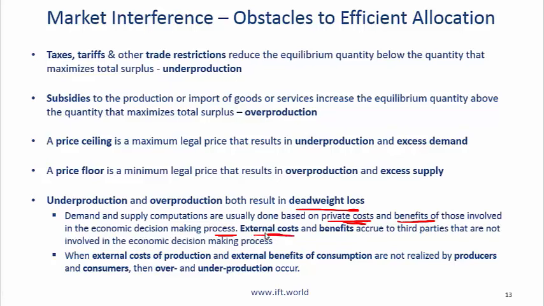For example, there might be a pollution-related cost, or there might be external benefits which accrue to third parties that are not involved in the economic decision-making process. When external costs of production and external benefits of consumption are not realized by the producers and consumers, then there might be overconsumption, then there might be overproduction or underproduction.